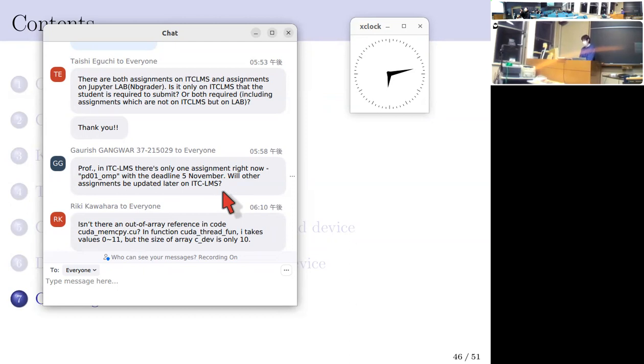In many cases, I just give you the notebook for your own exercise and don't make it an assignment. Specifically, PD02 CUDA is not going to be another assignment. PD04 is not going to be another assignment. I will announce it clearly in the ITCLMS when I make another assignment.